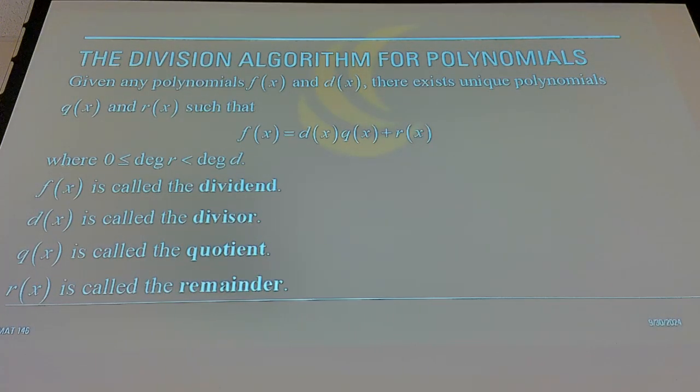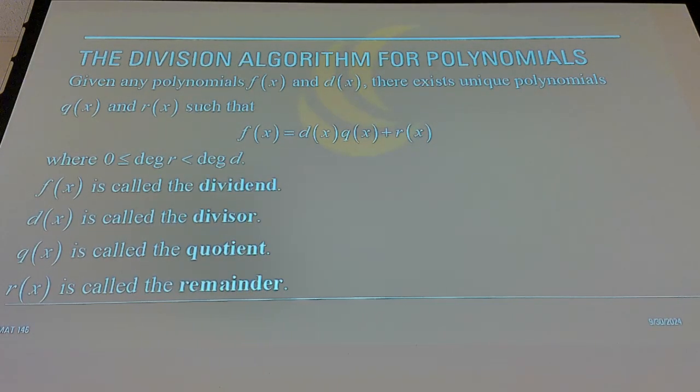2,897 divided by 3. How would you find your quotient and remainder?